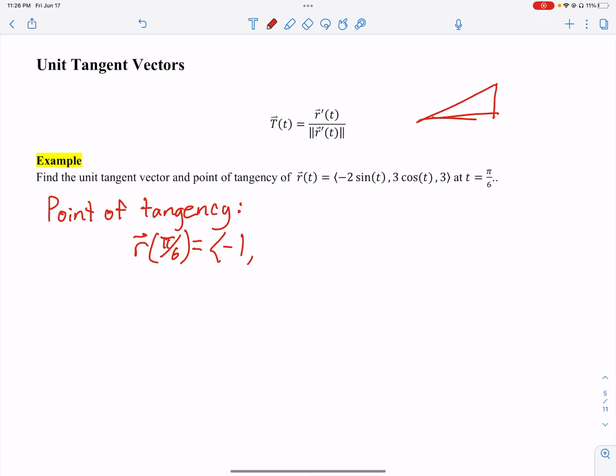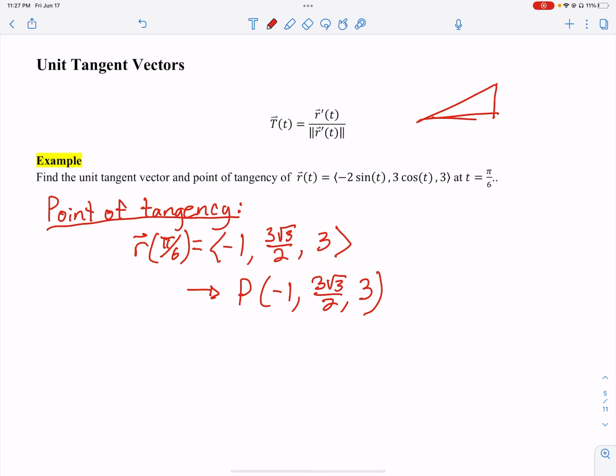Cosine is the longer side, so that's radical 3 over 2, so we get 3 radical 3 over 2. And then the last value is just a 3. There's nothing to plug in. So this gives me my point. Remember, that's the vector pointing at my point, but the point of tangency is negative 1, 3 radical 3 over 2, 3. So there's the point of tangency.